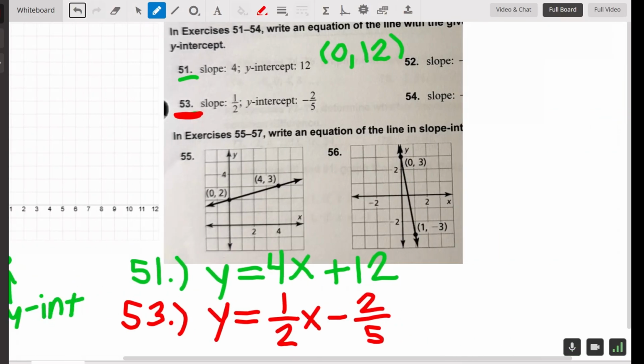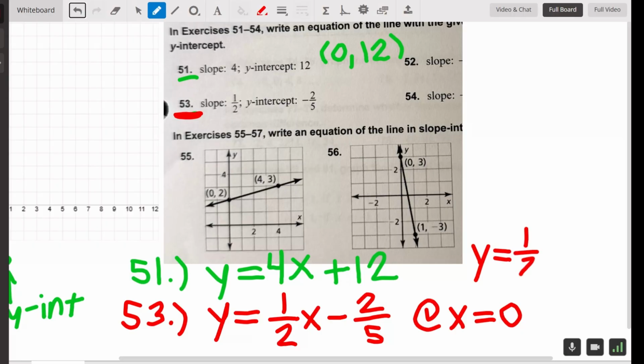putting in x at 0, right? Where x is 0, we would have the y-intercept. So what is that? Well, if I put 0 in for x, I have 1/2 times 0 minus 2/5.